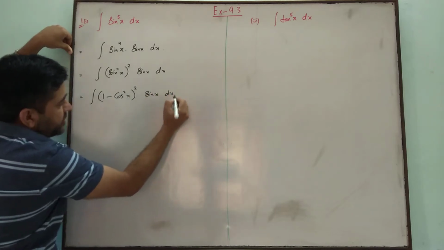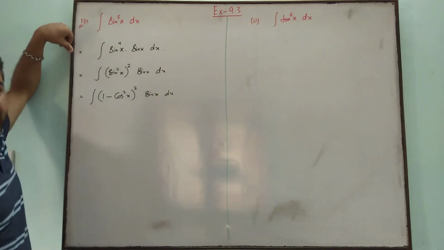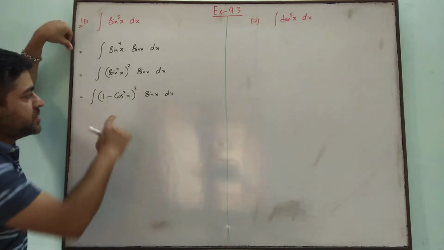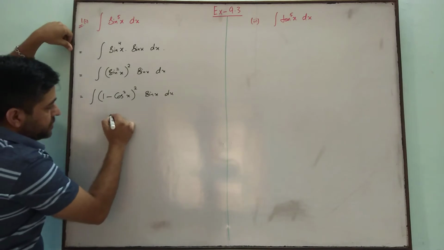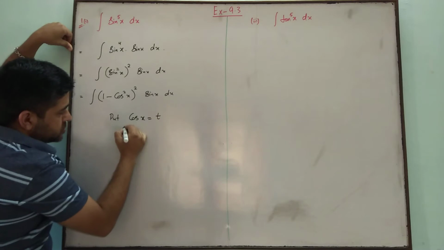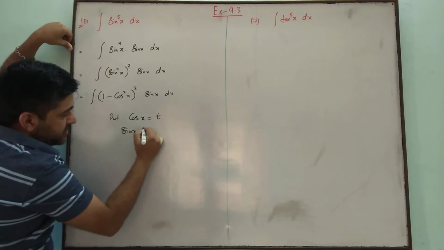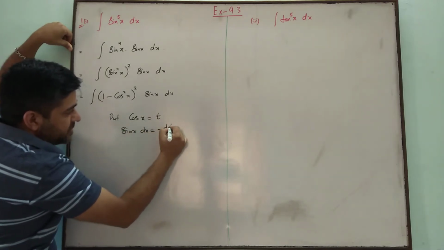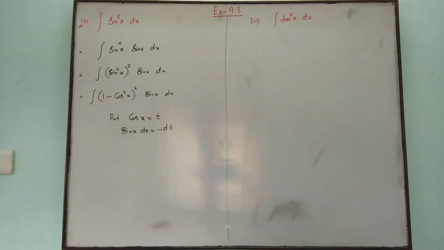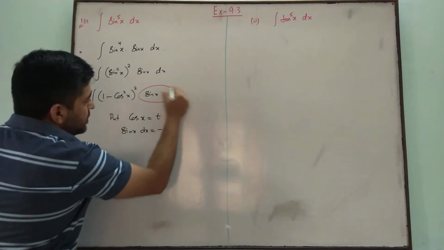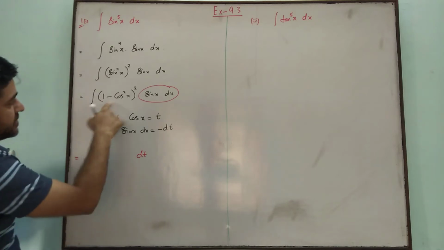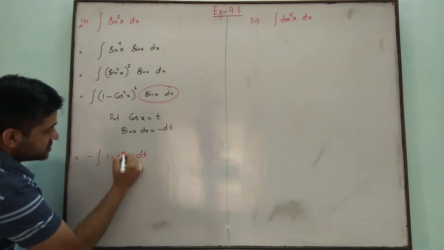Now the derivative of cos x is actually minus sin x, but the constant hardly matters, so we can put cos x equal to t, so that sin x dx is equal to minus dt. Now we got our sin x dx, which is minus dt, and this is (1 minus t square) whole square.